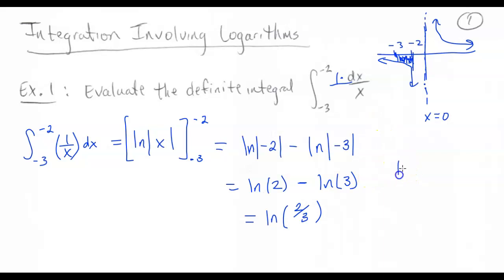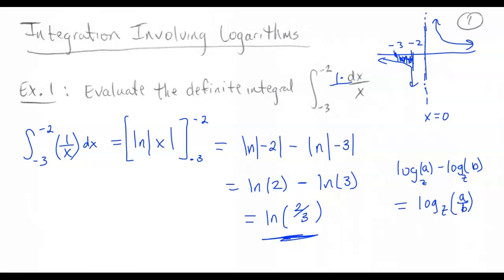So basically, log base Z of A minus log base Z of B can be rewritten as log base Z of A divided by B. All right, and so that is our answer to our first example.